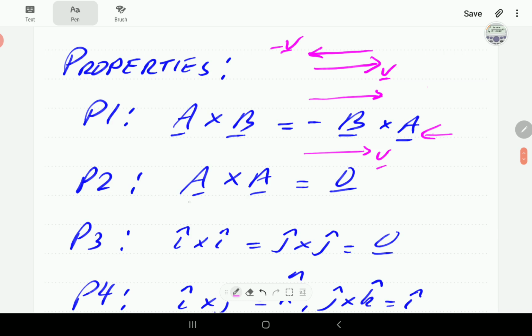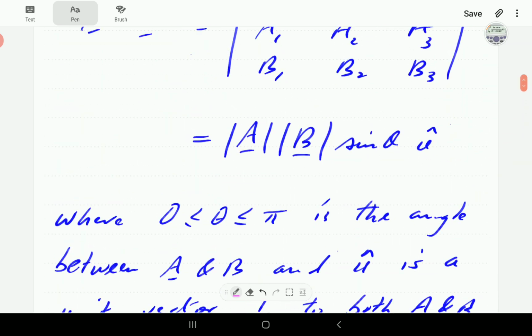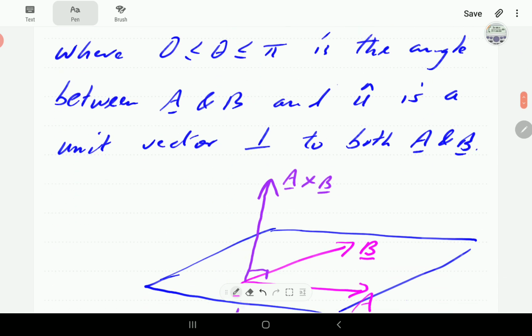The second property is that the cross product of A and A is 0. Again, from matrix theory, the determinant of a matrix with two rows that are identical, or columns that are identical, is going to be 0. Another way of looking at it is that the angle between A and A is 0, and sine 0 is 0.